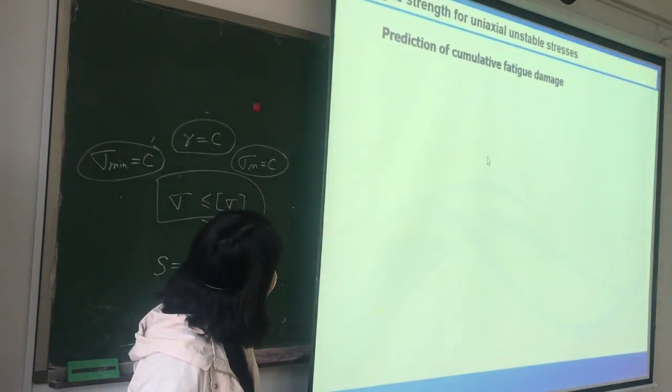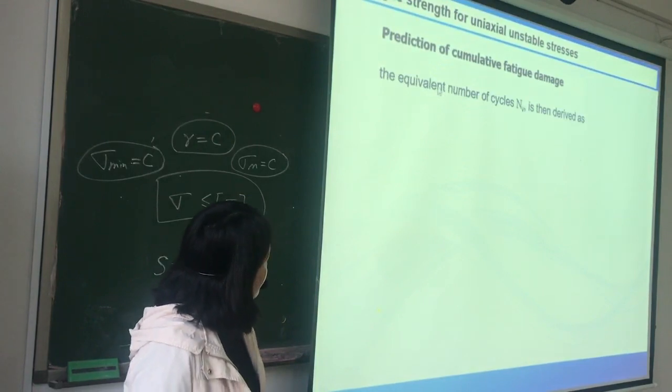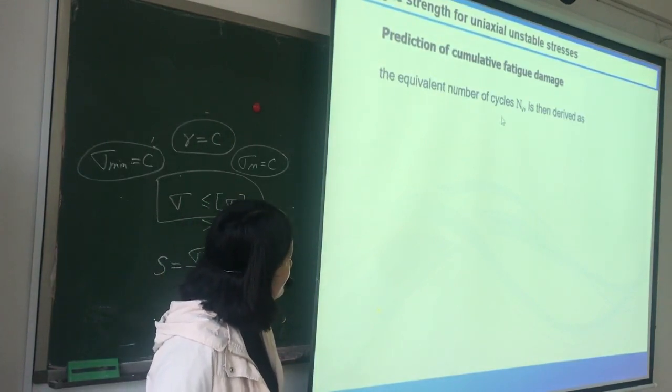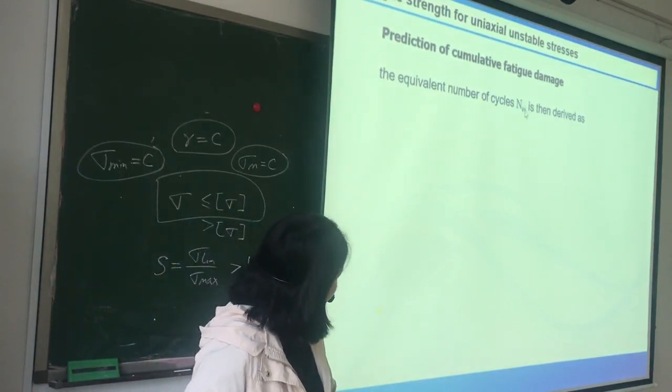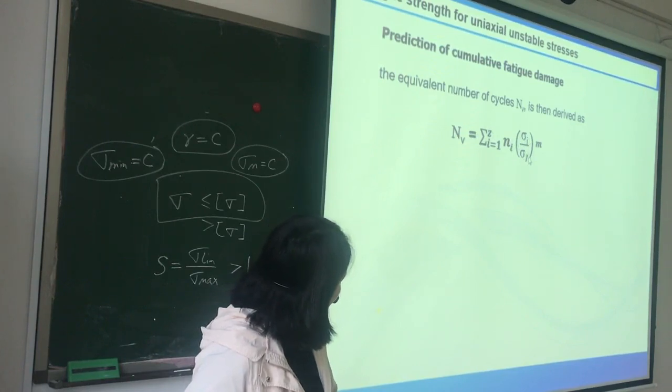So the equivalent number of cycles Nv is then defined as Nv equals the sum of ni times sigma i divided by sigma 1 to the mth.